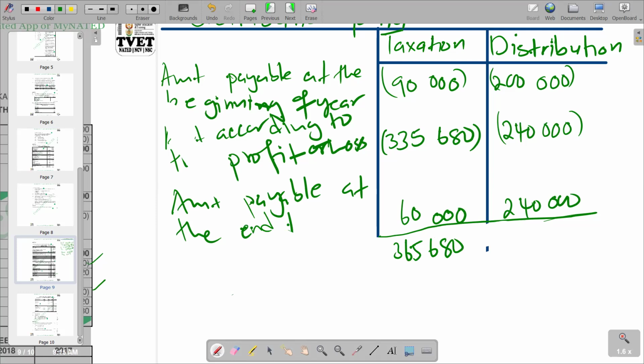We can just try to verify that calculation whereby we are saying a negative 90,000. And then we subtract 335,680. And then we add our 60,000. We get 365,680, which is correct.